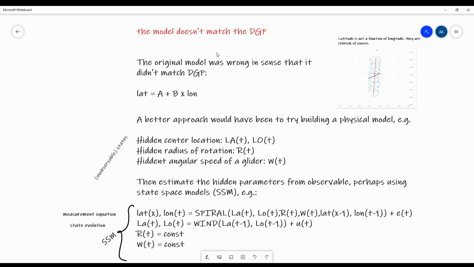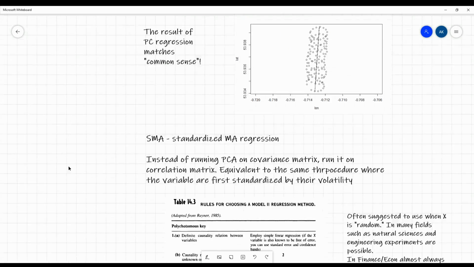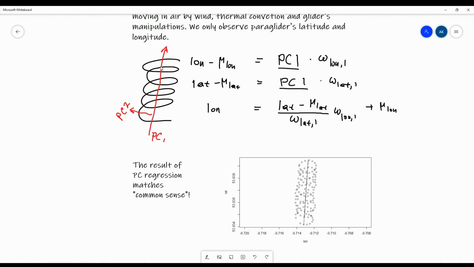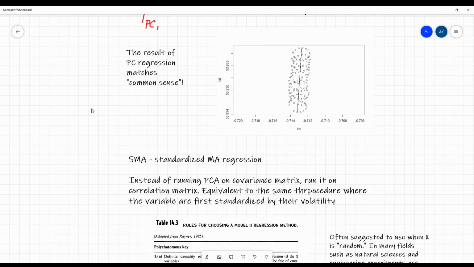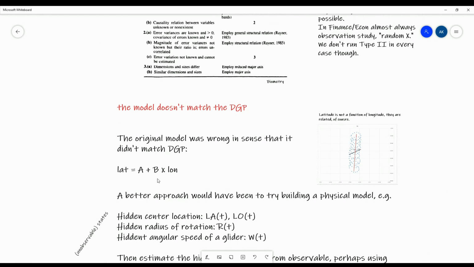So it's a complex movement, and how we were addressing it in the beginning was with a linear regression of latitude on longitude, and obviously the movement of this paraglider is more complex than this. It's not like longitude defines latitude or anything like that. There are some other things going on. And yes, we were able to produce a reasonable fit using the orthogonal regression, but even orthogonal regression does not capture all the complexity of the movements of the paraglider.